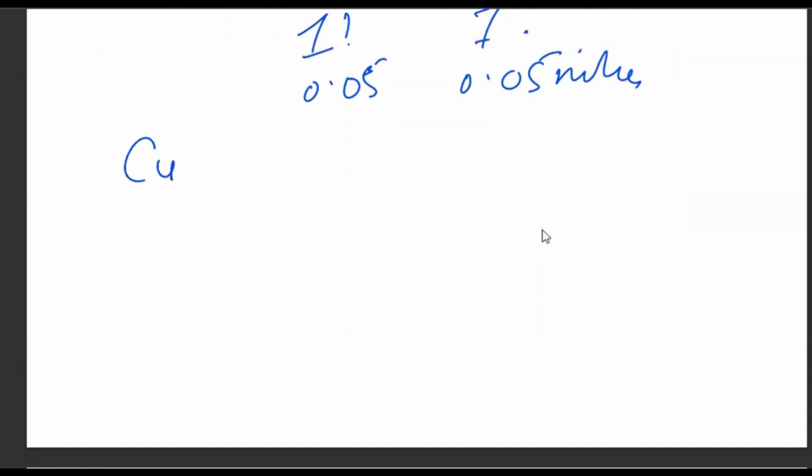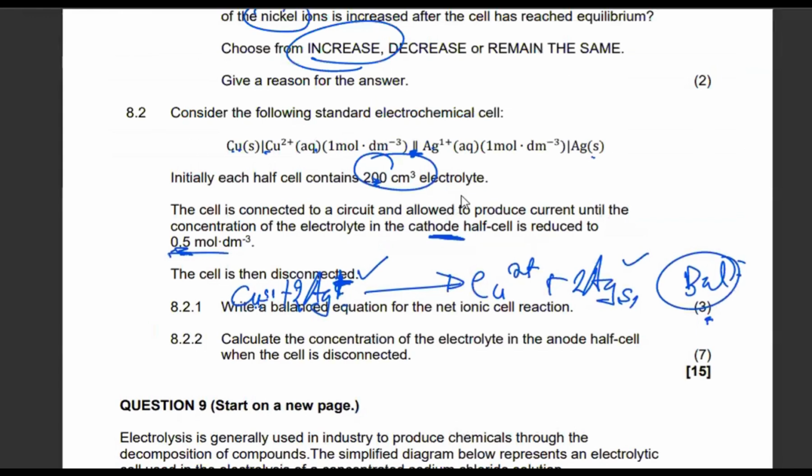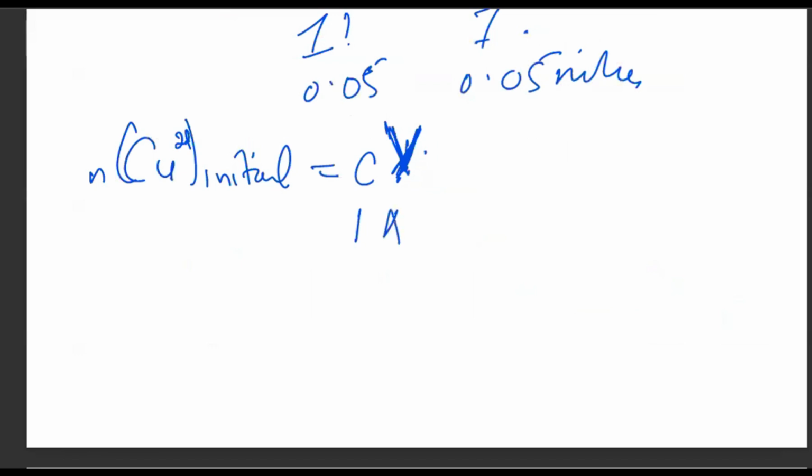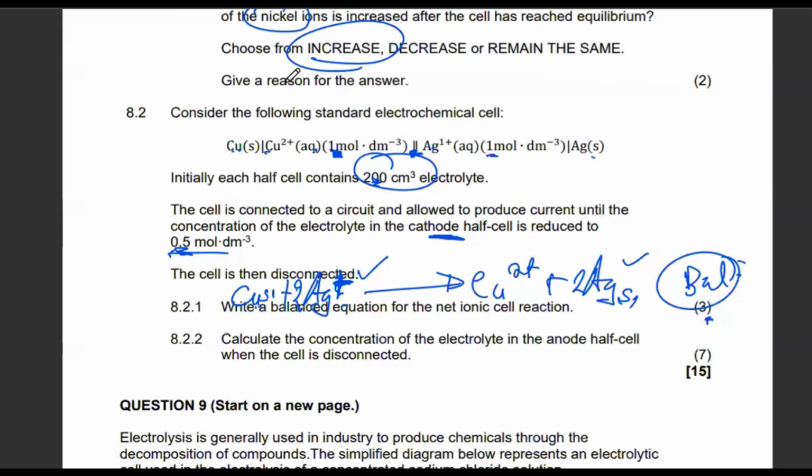Copper 2 ions initially, let me say initial, is equal to concentration times volume. So the number of moles of copper, the concentration is 1, because they said it here, 1 mole, times the volume, which they say is 200.